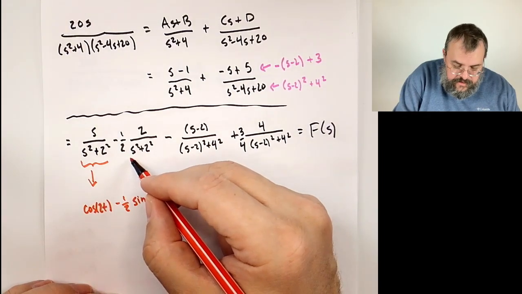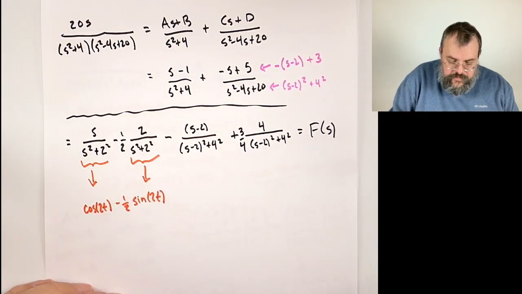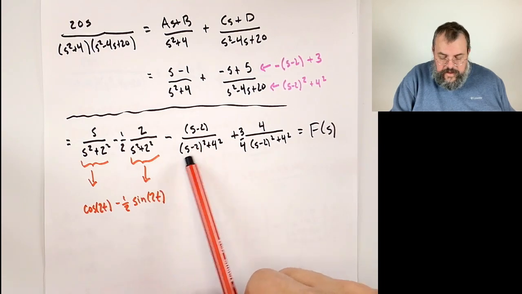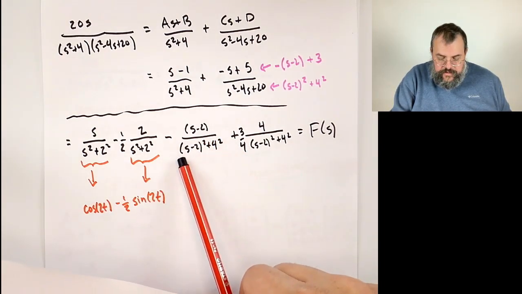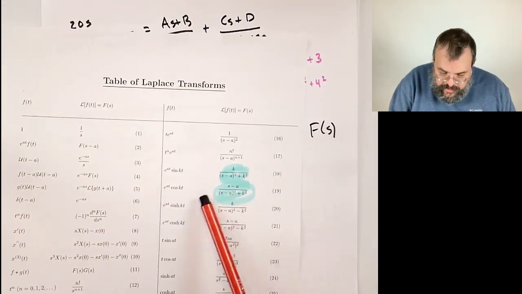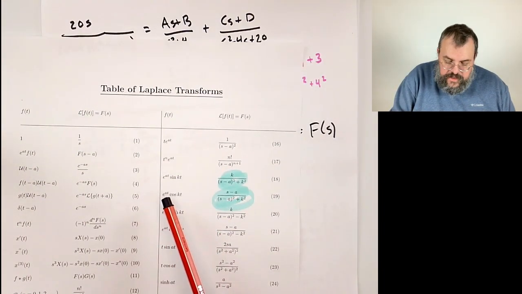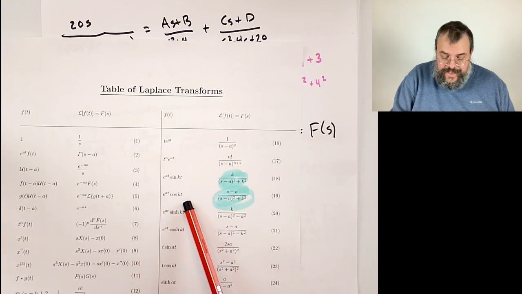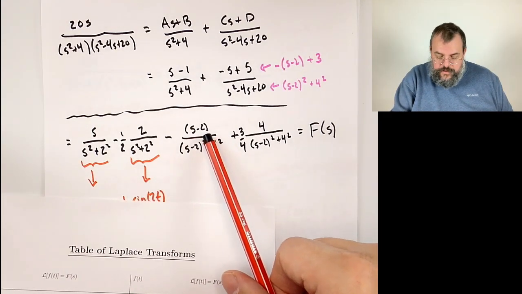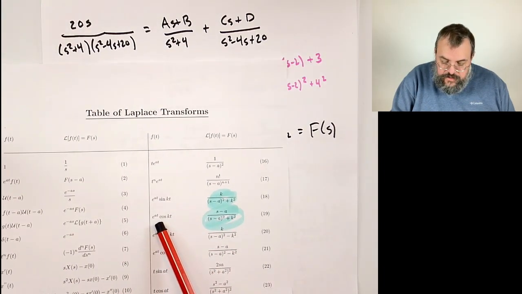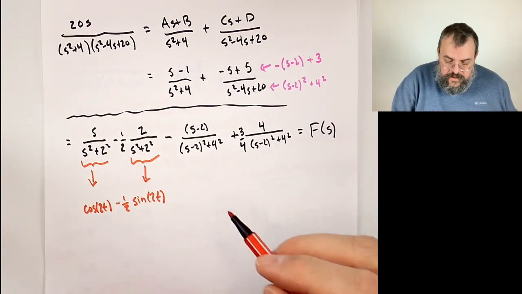Okay, so that's this next part. Then this s minus a over s minus a squared plus k squared is set up to correspond to e to the at cosine kt. So here, k equals 4 and a equals 2, so it's going to be e to the 2t cosine 4t.